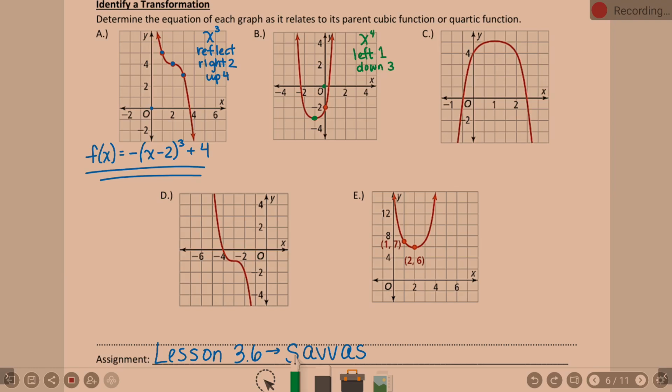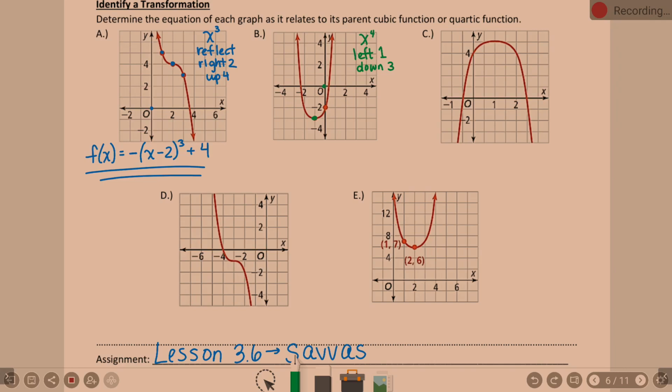Any reflection? No, it's still just a right side up thing. Okay, so no reflection there. Any stretch or compression? No, from that vertex, that first set of ordered pairs still goes over 1 up 1. So no stretch or compression.